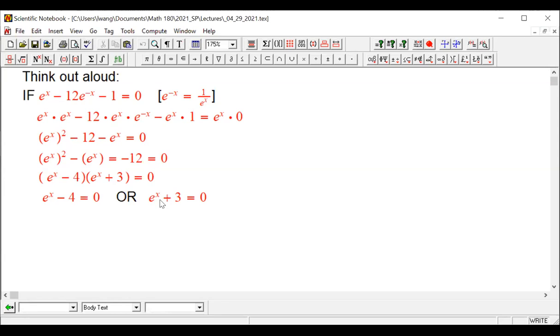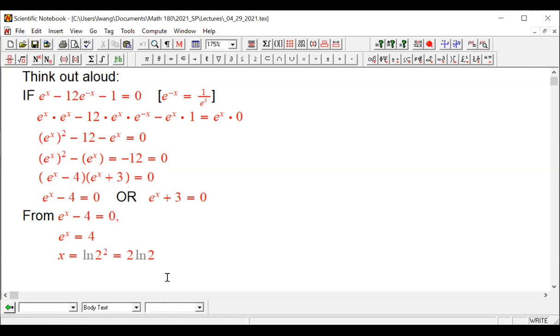Now from e to the power x minus 4 equals 0, what do we get? We get e to the power x equals 4, which looks like one of those in exp1. Then x equals what? By definition, x equals ln 4, or 2 times ln 2, because 4 is 2 squared, and then we use the power rule.